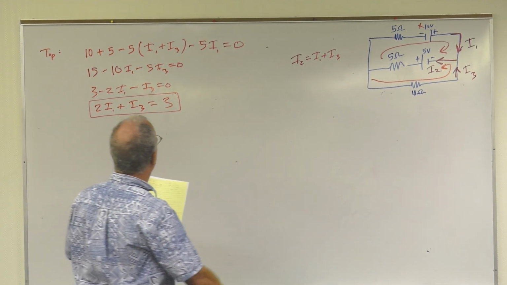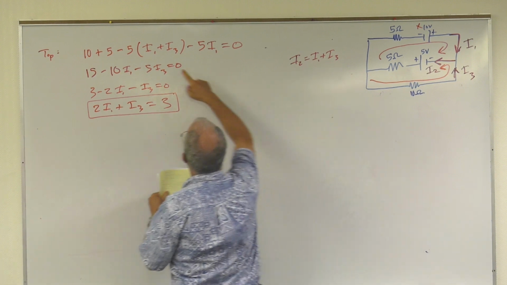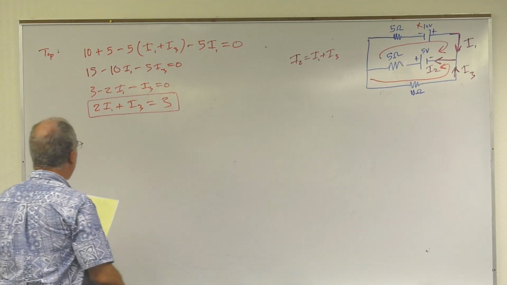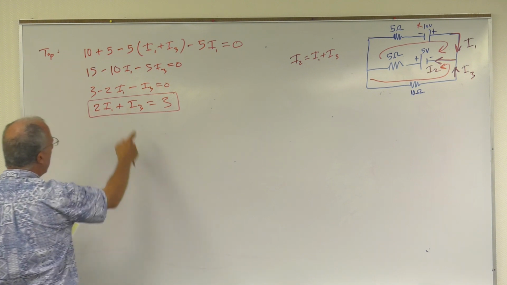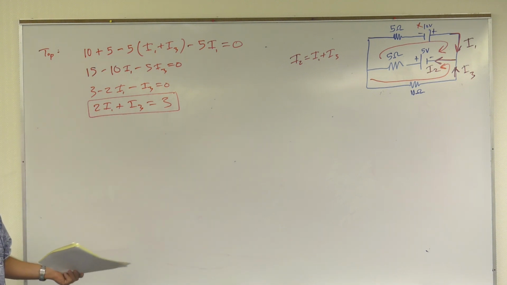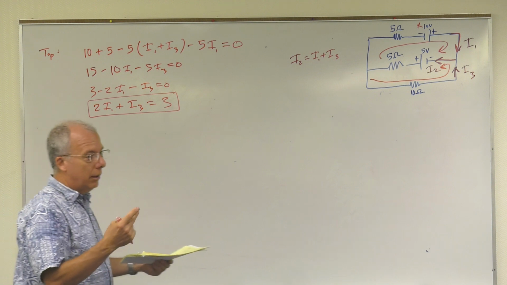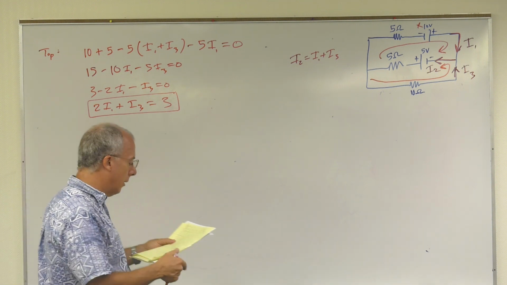It was super bad because it should be I1 plus I3. Okay, so that's the equation from the top loop. And you can see there's two variables. So we have to get another equation, because how else can you solve an equation? If you have two variables, you need two equations.